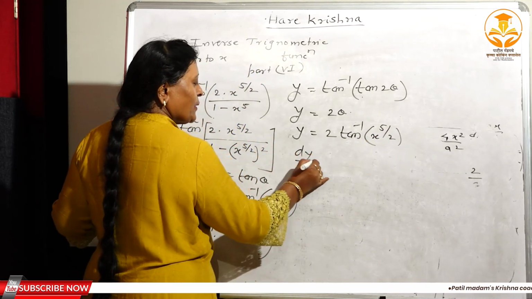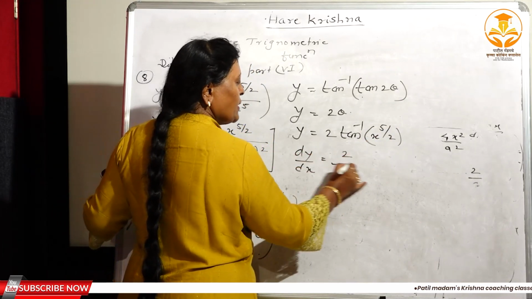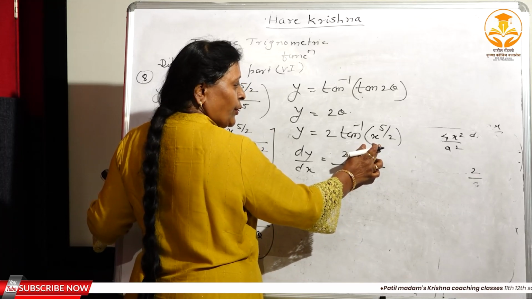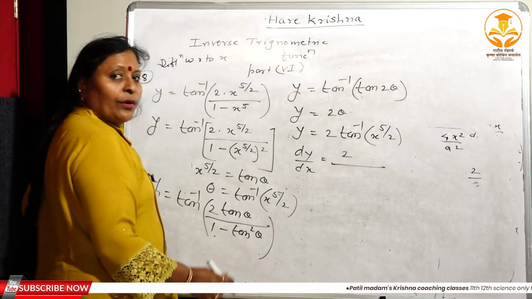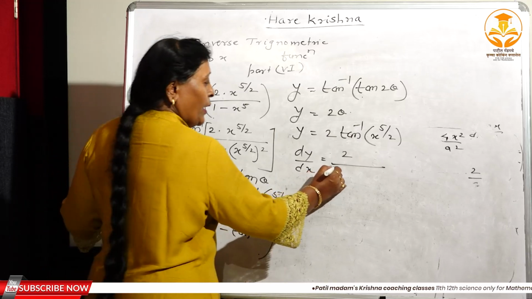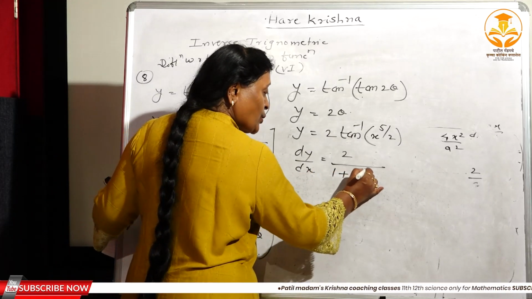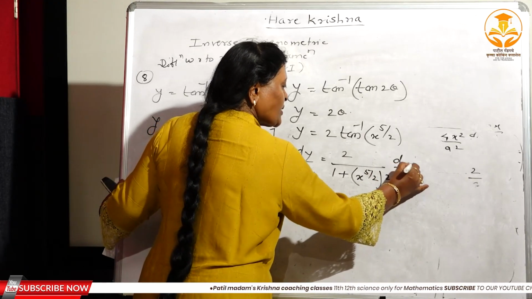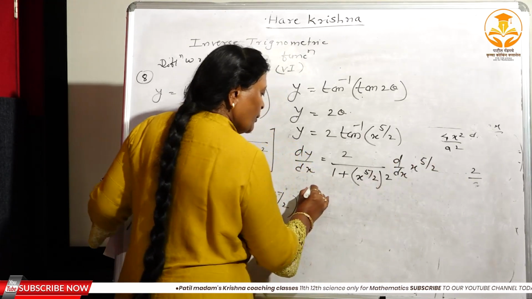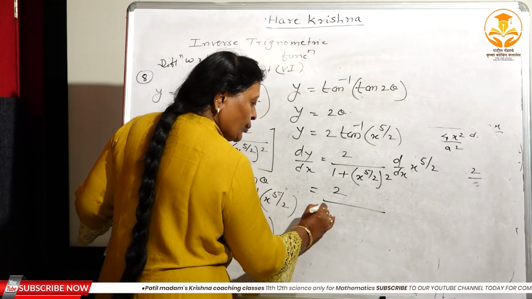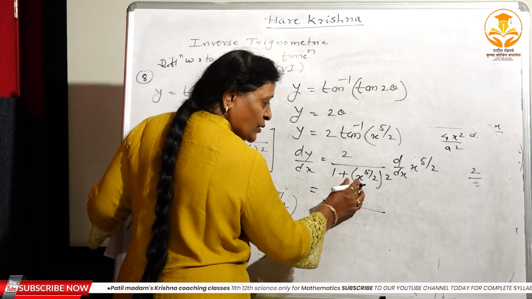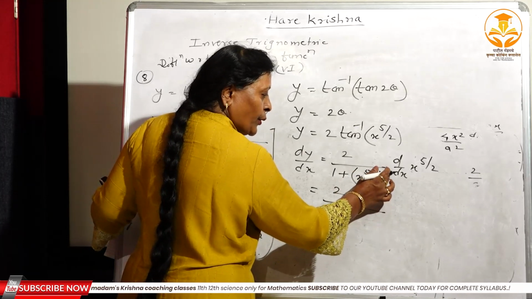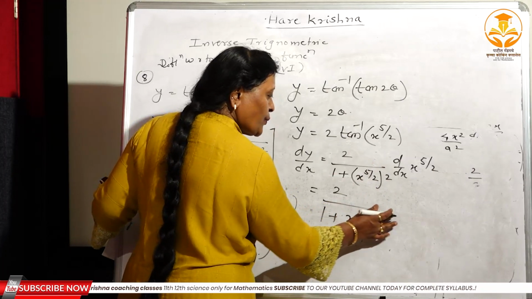dy by dx, 2 remains as it is. Here again substitute u. What is the derivative of tan inverse u? 1 upon 1 plus u square, means 1 upon 1 plus x to the power 5 by 2 whole square, and d/dx of x to the power 5 by 2, right? Now there you have 2 divided by x to the power 5 by 2 whole to the power 2, 2 gets cancelled, x raised to power 5.